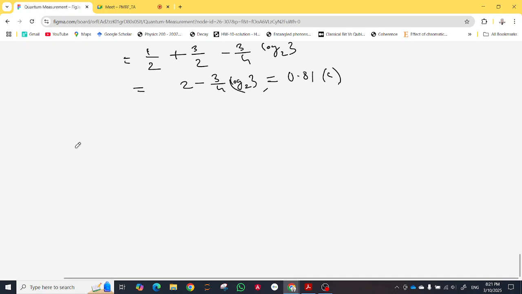Suppose you have two particles, A and B, two qubits A and B. Two qubits A and B means A can be 0 or 1 and B can also be 0 or 1, right? Now you are given the 2-qubit state like this.